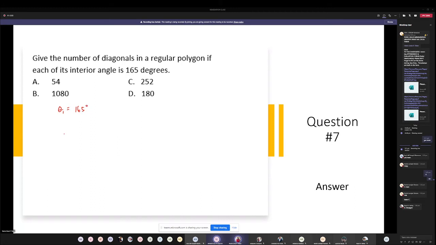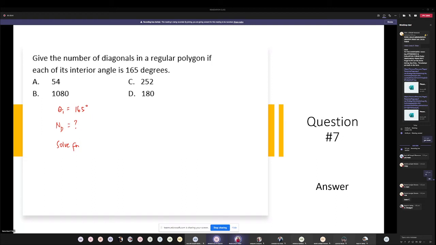So we solve for the number of diagonals. The process will be reversed, so we need to solve for n first and then solve for the number of diagonals. So solve for n.